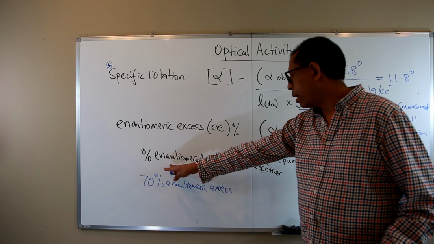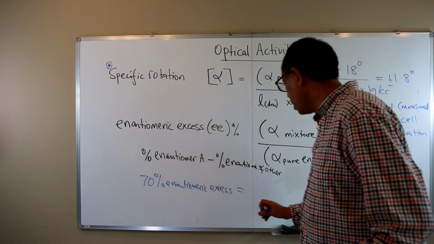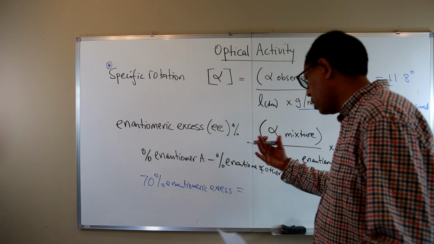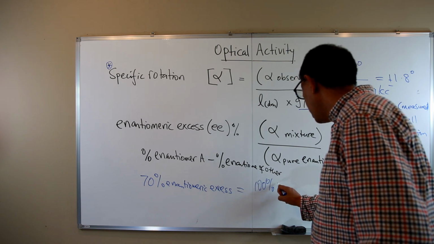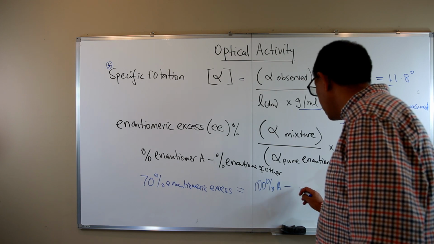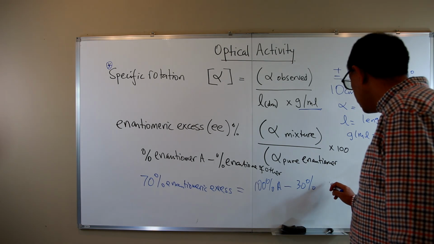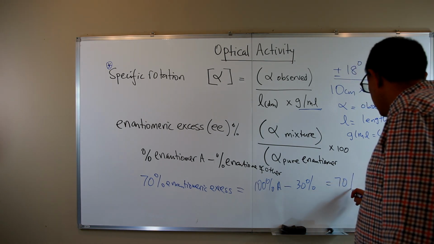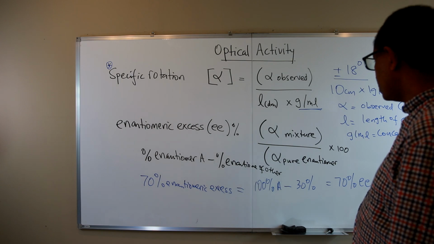So enantiomeric excess is equal to, let's say enantiomer A, if we take that as 100%, minus the other enantiomer or the mirror image, let's say 30%. This would give us a 70% EE, enantiomeric excess.